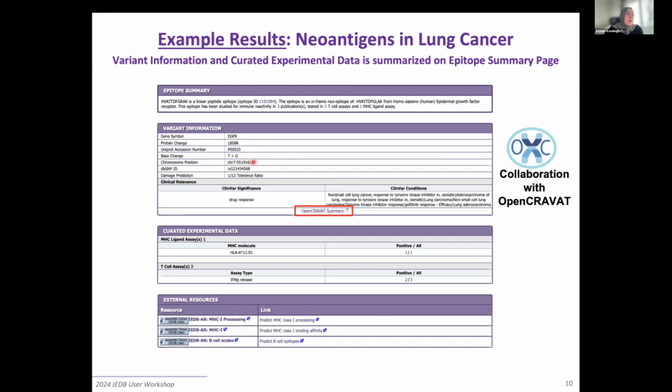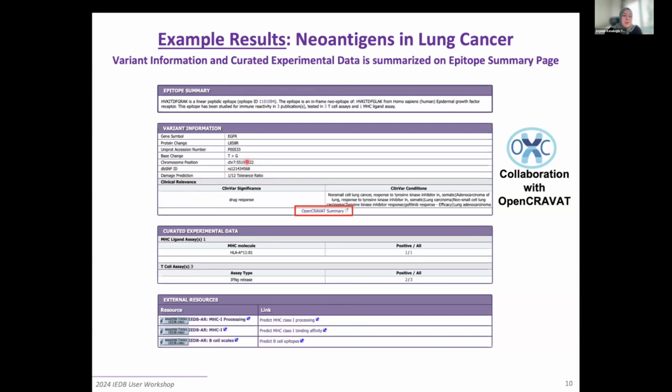We also collaborated with the Open Cravat team in Rachel Karshin's lab to get even more information into CEDAR. So Open Cravat links us to all the other external databases that contain any relevant data. So here, for example, we are displaying the dbSNP ID, the damage prediction of the mutation, and then we also have the clinical significance.